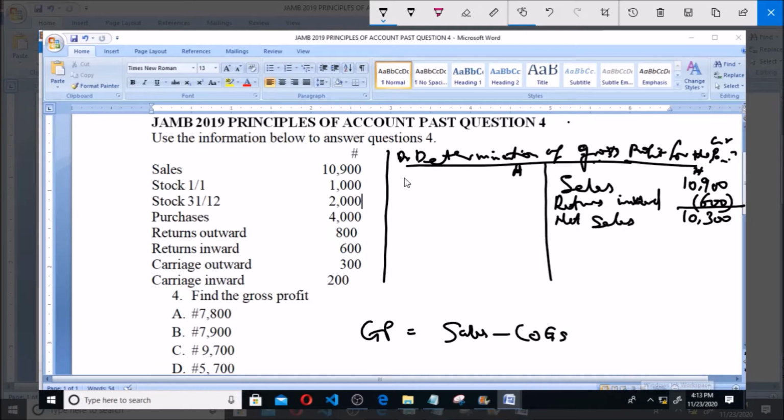Now we have our opening stock, which is stock as at 1st of January, 1,000. We are going to put purchases. Our purchases is 4,000.